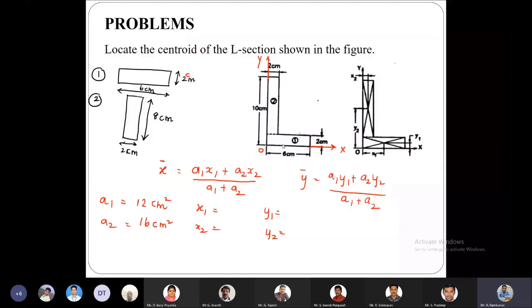And then we have the third one, which is a quadrant. This quadrant is having a radius of 2 centimeters, and finally we have a cutout part, which is a circle. So the circle has to be removed.